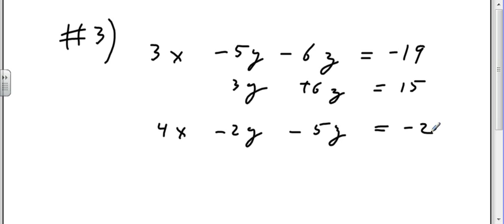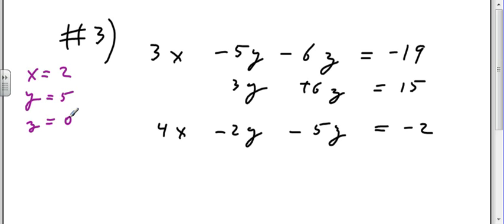And a 4, minus 2, minus 5, minus 2, tell it to solve. Alright, so when we get done, we better have our x equal to 2, and our y equal to 5, and our z equal to 0.